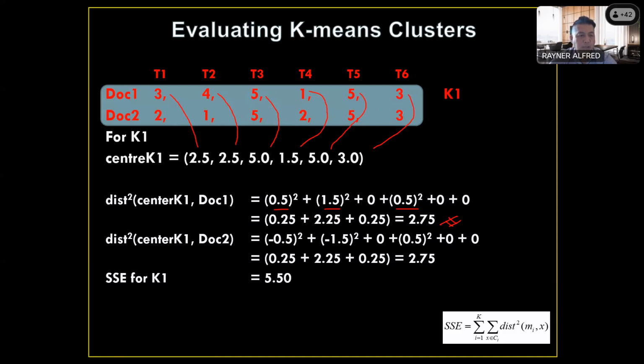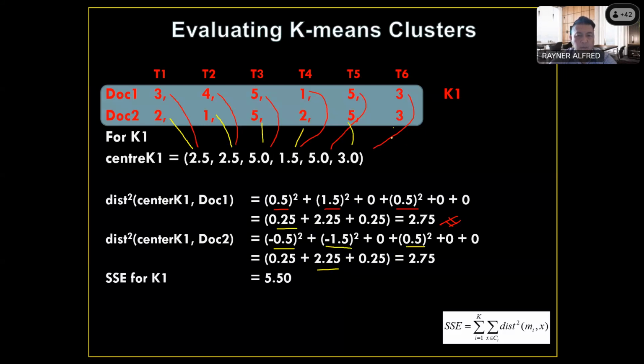Okay, and we do it again for the second one. So this one will go with that. So the difference is 0.5, 0.25. Sorry, this one. Okay, so that one is negative 1.5. So we get that one. And then this one is 0. This one is 0.5.